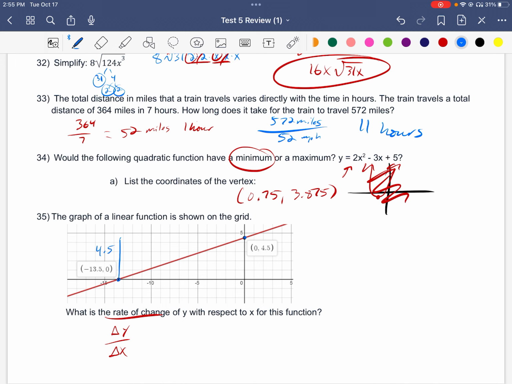So we go up 4.5, so our change in y is 4.5. And then we go over, we start at negative 13.5, we're going all the way to 0, so we're going over 13.5. Simplifying that, you could type it in a calculator and use the fraction to decimal button. You'll see it's 1/3, 1 over 3.